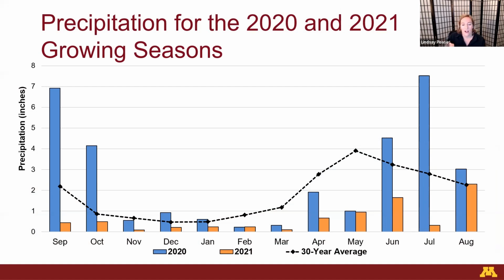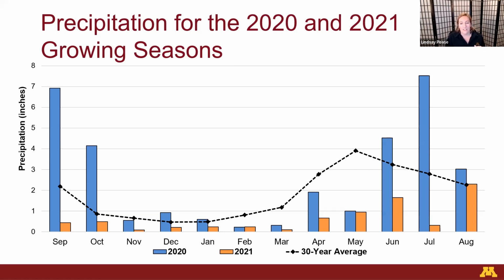The blue bars are in 2020, and actually this is starting not by the calendar year, it's starting in September, especially with the cropping systems that we have in Northwest Minnesota. I personally observed we start banking water for the next growing season in about September, and then that carries us through till maybe August.